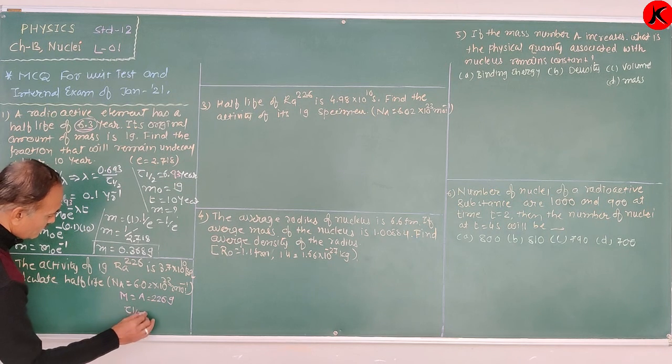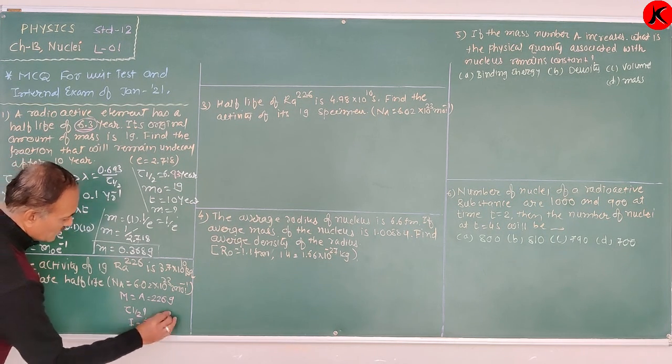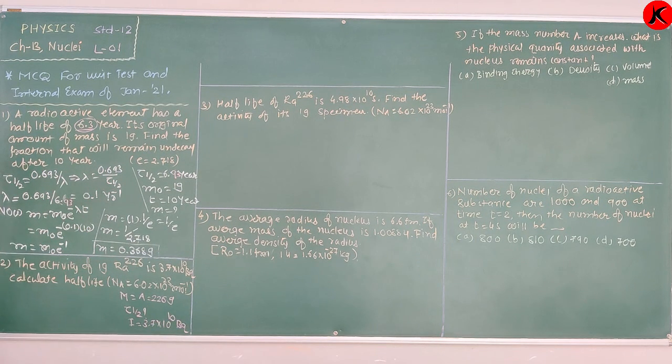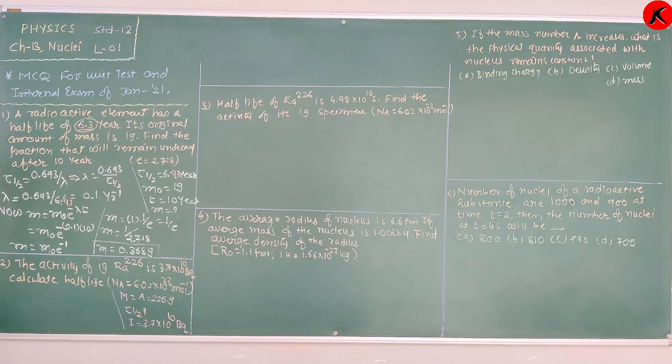I is given as 3.7 into 10 to the power 10 becquerel, that means disintegrations per second. Now we know the equation m is equal to m0 e to the power minus lambda t.